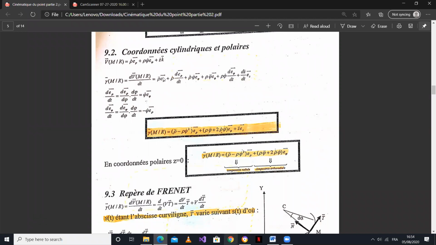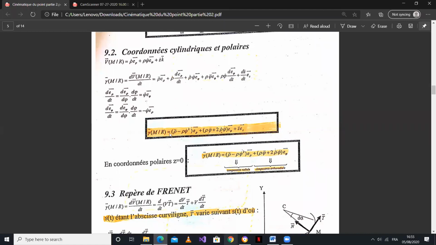So this is going to be, we have this one here, rho 2 point, suivant E rho. And then we also have this one here, which is rho phi point carré. It's actually minus rho phi point carré, suivant E rho. Also, it's following E rho.